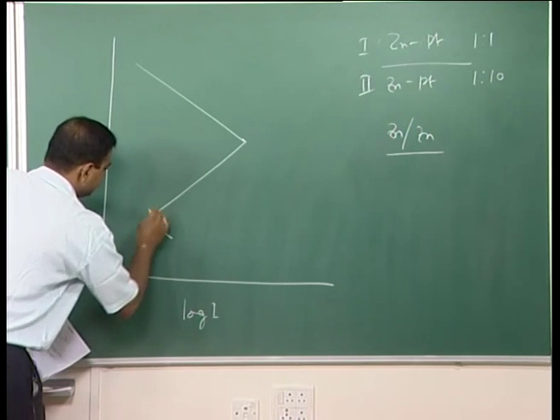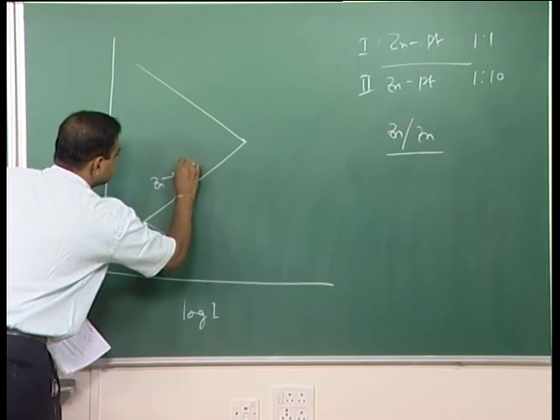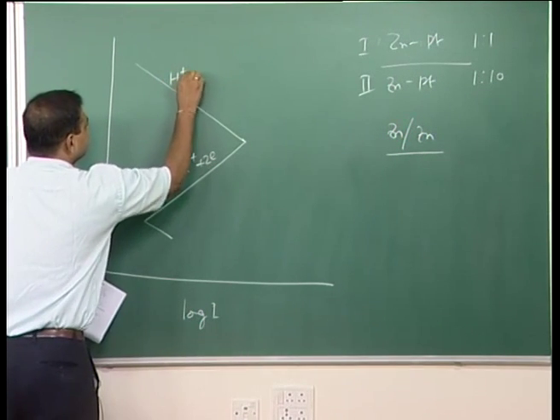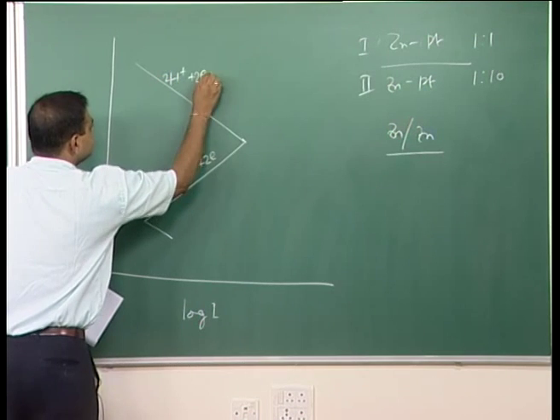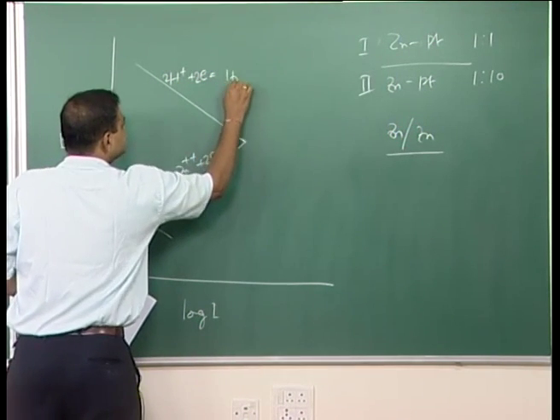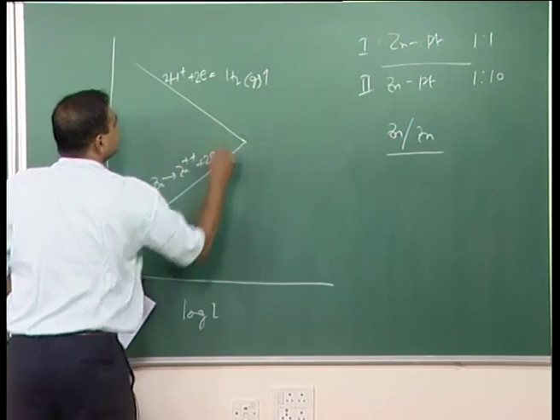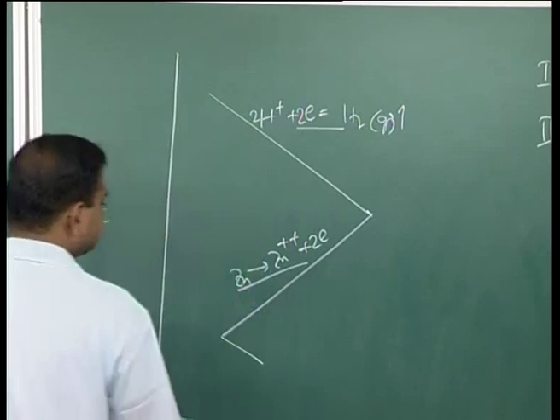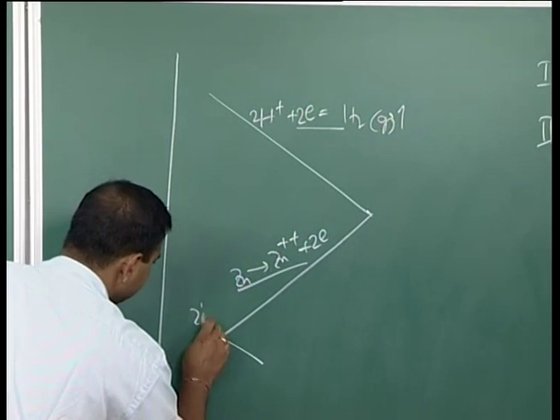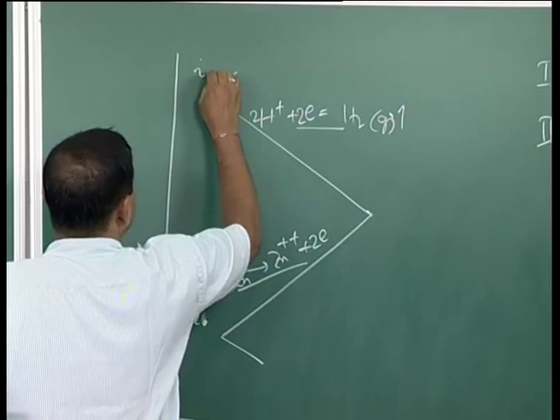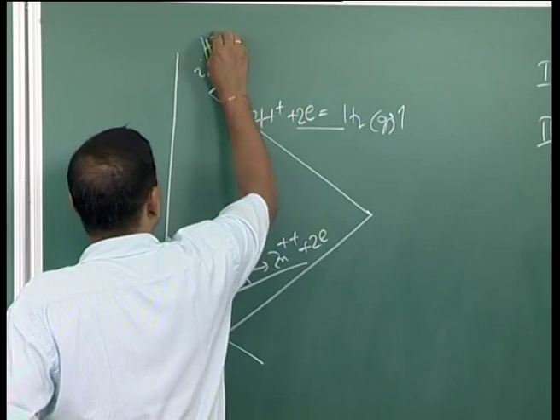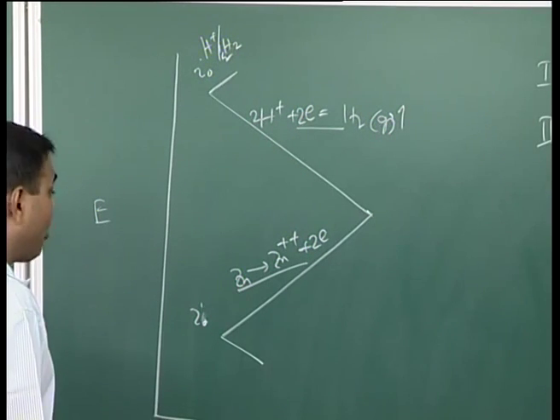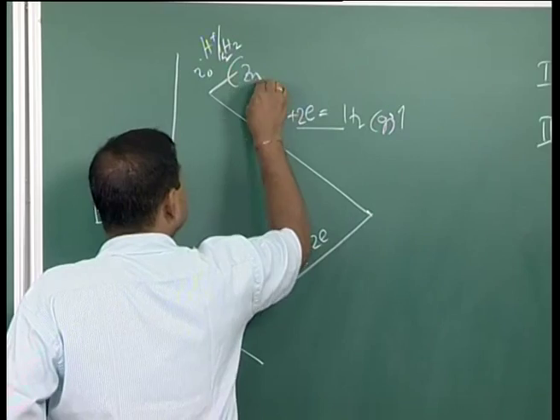So, this is my zinc going to zinc 2+ plus 2e, and this is 2H+ plus 2e going to H2 gas, which is evolving. This is my cathodic reaction, this is my anodic reaction, and this is my I0 of H+ to half H2 on zinc surface.